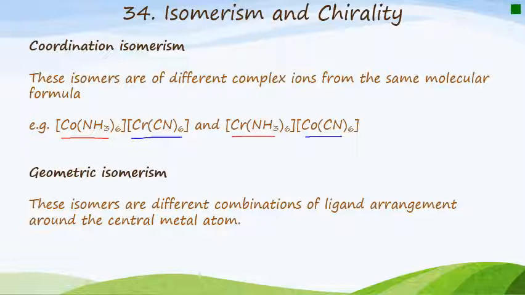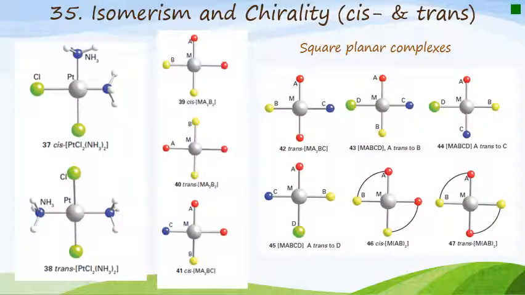Then we move on to something which you may know a little bit about. It's geometric isomerism. Here, these isomers are just different combinations of the ligand arrangement around the central metal atom. Okay, so in a sense, you know about cis and trans, and we will go through these in greater detail, but you can see that these examples given on the slide show you cis arrangement.